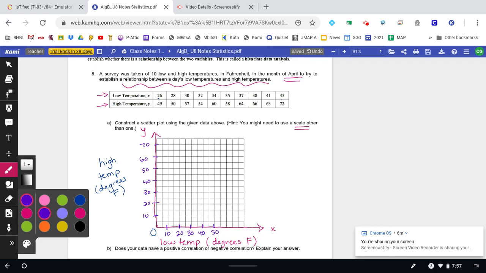All right, what we're going to do is we're going to put a dot at each one of our data values. So we have about 26, 49. There's a dot. 28, 50.